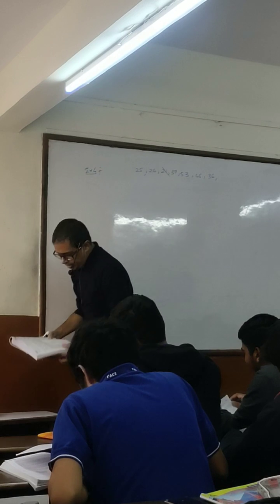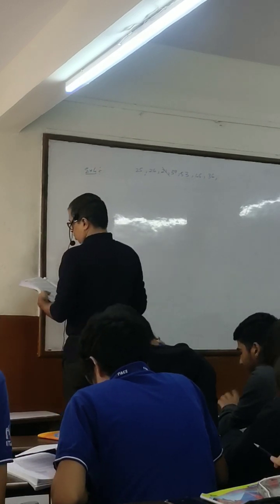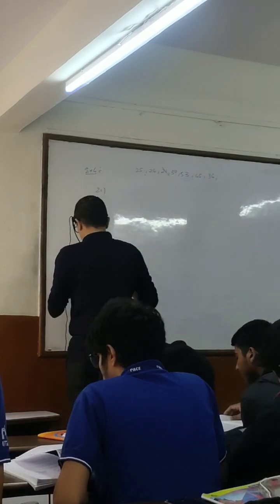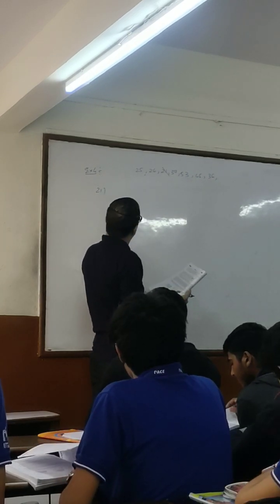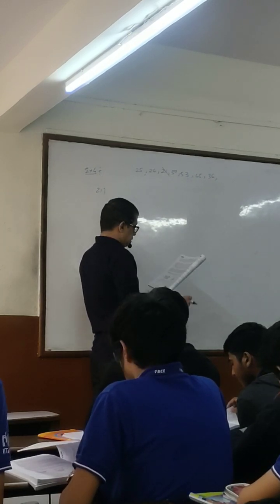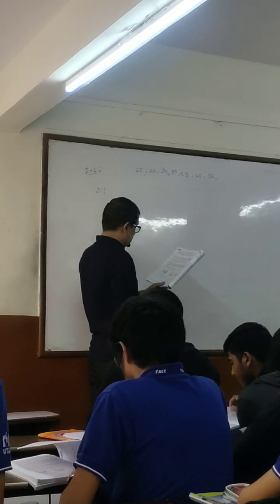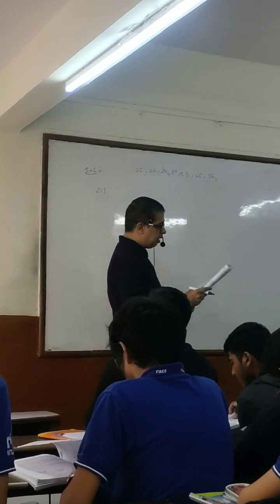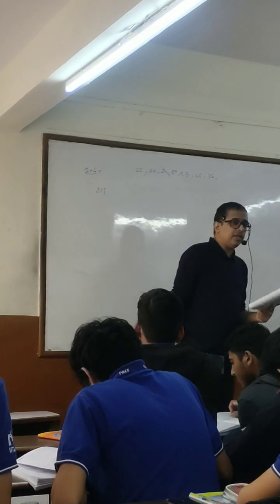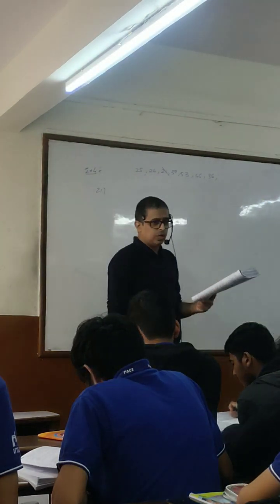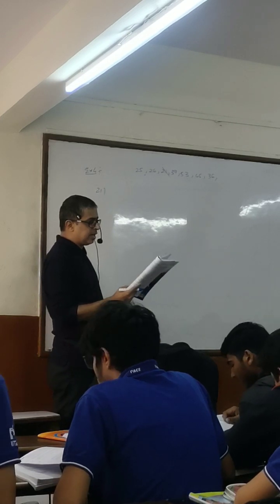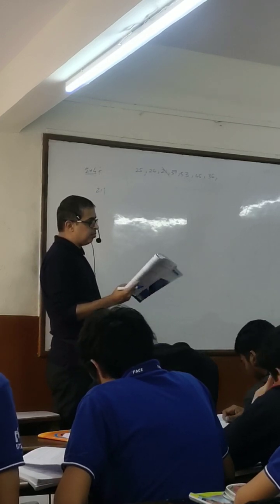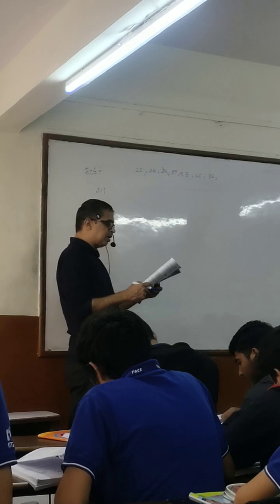What did we discuss right now? Now question 21. A stationary free rod AB of mass m on a smooth horizontal plane is struck at A by a particle of the same mass moving in the same plane with velocity v, not perpendicular to the rod.